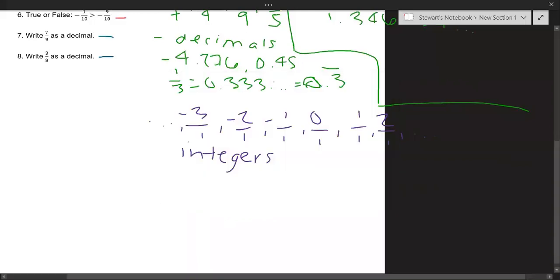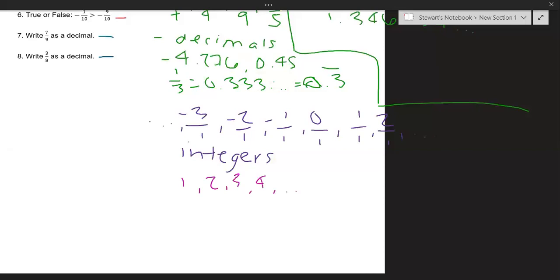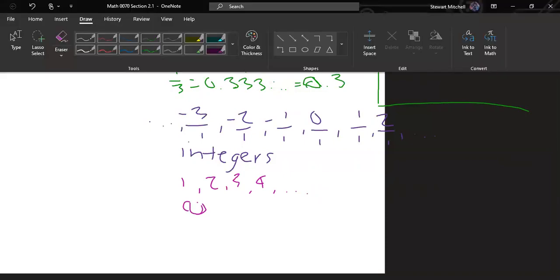Within all of this, we have just the whole numbers, or just positive whole numbers, which doesn't include 0 either. 0 isn't necessarily considered positive or negative, but it's not positive. We just have 1, 2, 3, 4, and so on. Those are called, oops, sorry, hold on, that went a little haywire there.